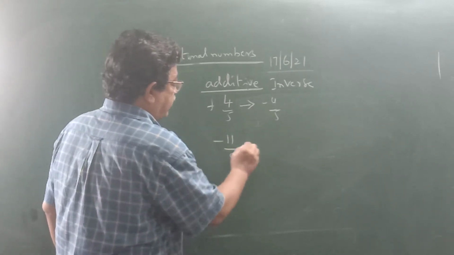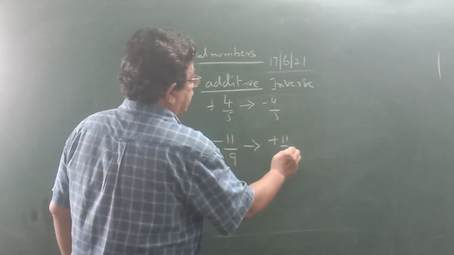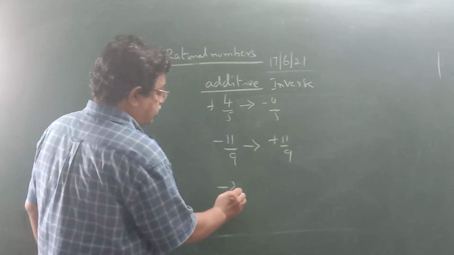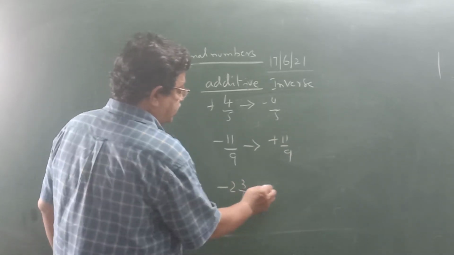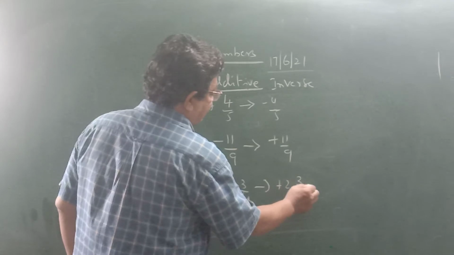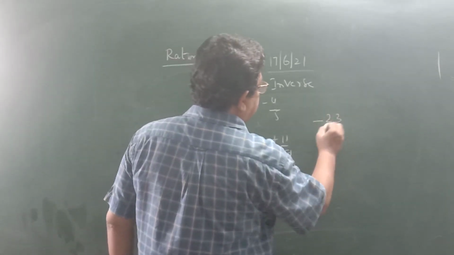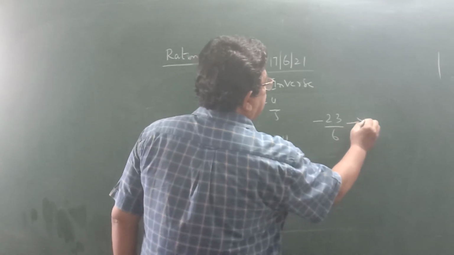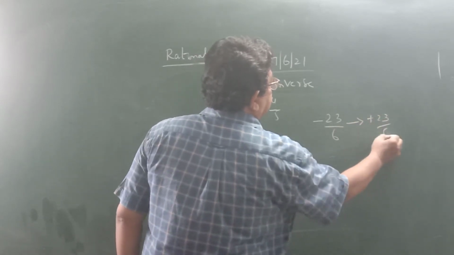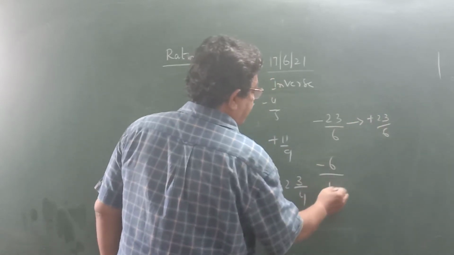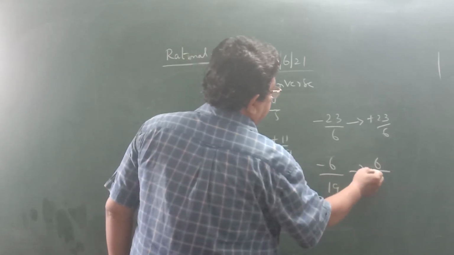Minus 11 by 9. What is its additive inverse? Plus 11 by 9. Minus 2, 3 by 4. What is its additive inverse? Plus 2, 3 by 4. Minus 23 by 6. Its additive inverse is plus 23 by 6. Minus 6 by 19. Its additive inverse is 6 by 19.